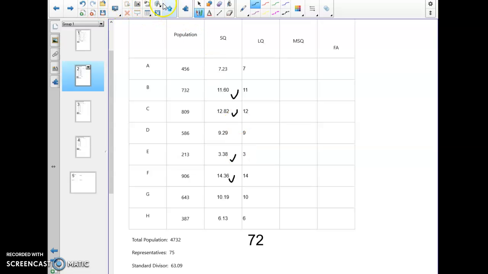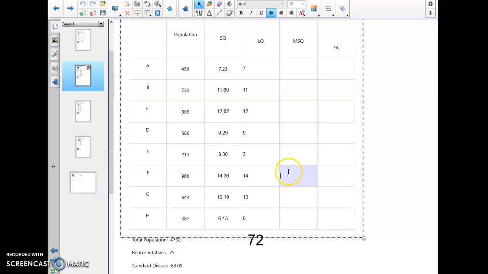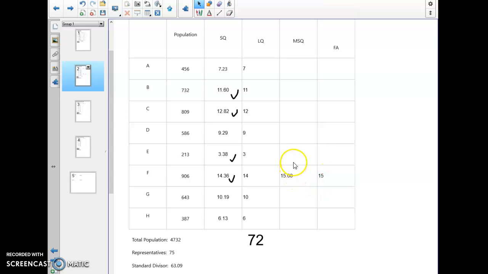So what I want to do first here is I want to take my 14.36 and I want to make this standard quota 15.00. So my new lower quota would be 15, excuse me. Now by doing that, I need to get a standard divisor that allows me to do that.